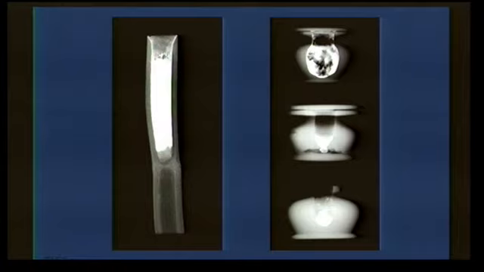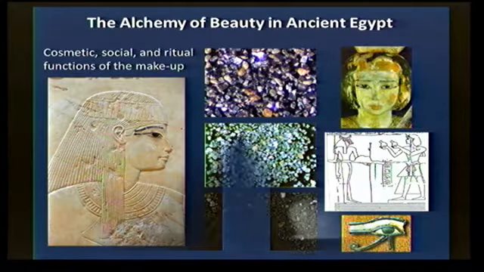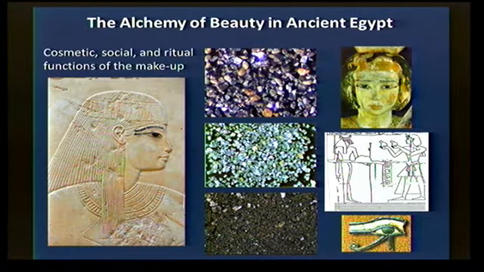We were able to look at many different containers of makeup. Makeup was extensively used across the whole society. It was used by men and women, by poor and rich people, by young and old people, whatever.